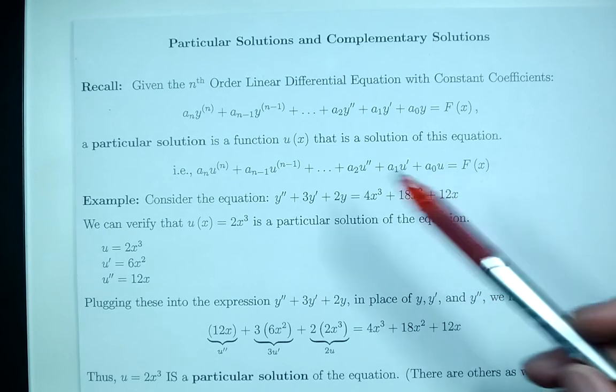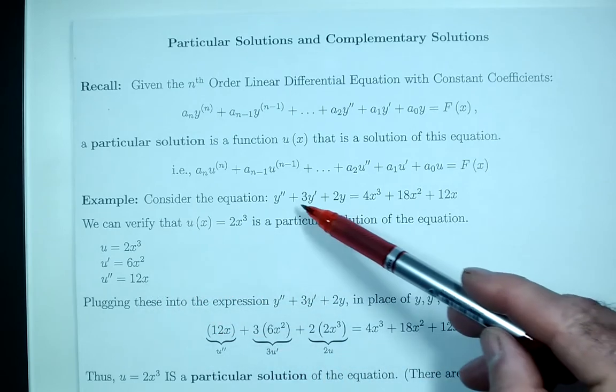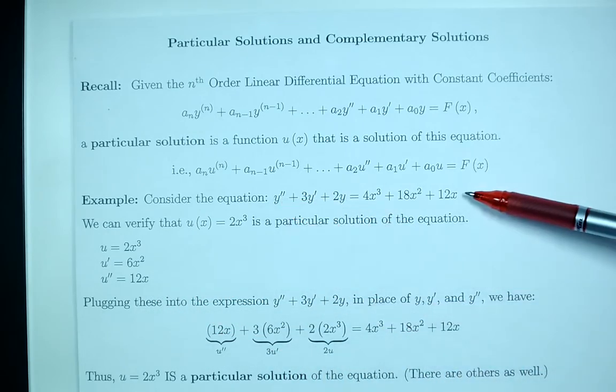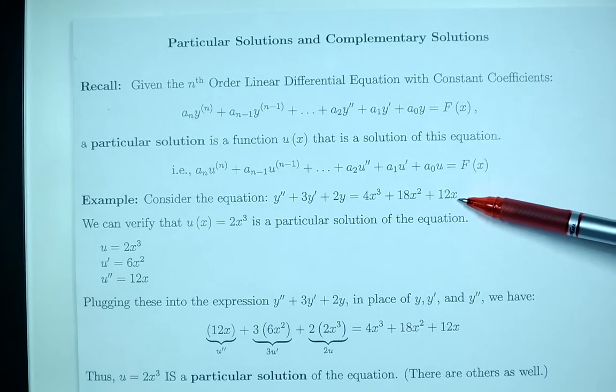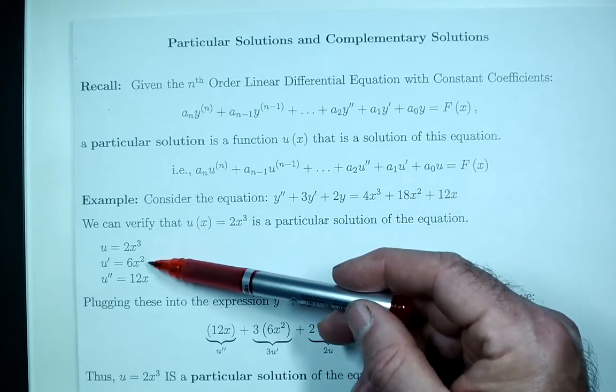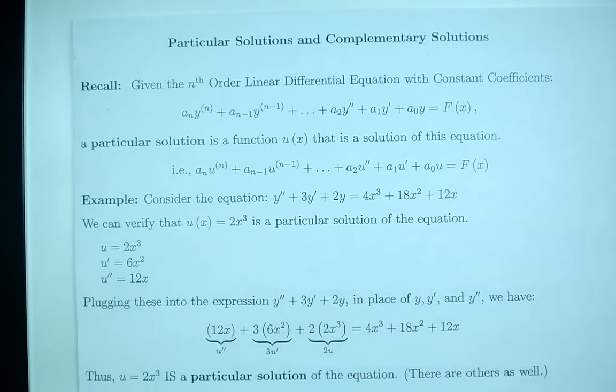In other words, when we take u and all of its derivatives and plug them in for y and all of its derivatives, we're going to get the right-hand side, 4x cubed plus 18x squared plus 12x. So here's u, 2x cubed. u prime is 6x squared, u double prime is 12x.